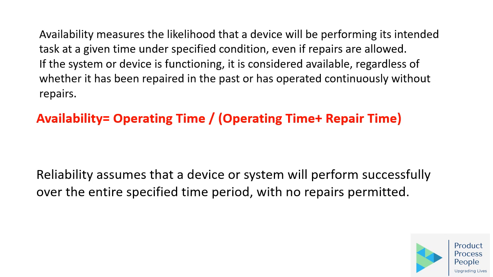So reliability and availability definitions are almost the same. The only thing is that during the availability calculation, we consider that repair is allowed. In the reliability calculation, repairs are not allowed. In the upcoming slide, I will show it with an example so it will be clearer to you.